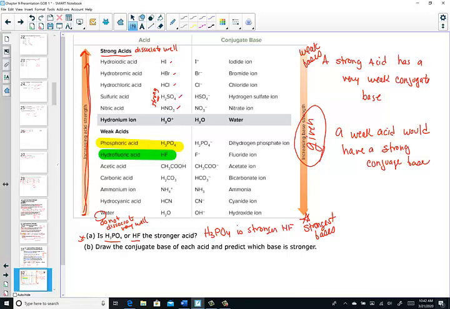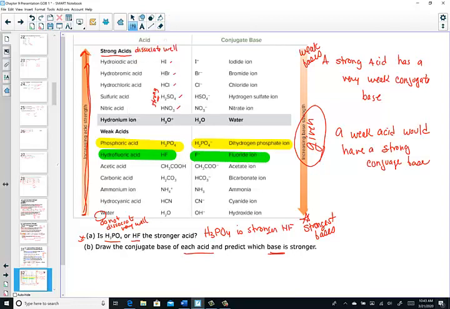Now, let's see. Draw the conjugate base of each acid and predict which base is stronger. Dihydrogen phosphate is the conjugate base of phosphoric acid. Fluoride ion is the conjugate base of hydrofluoric acid.